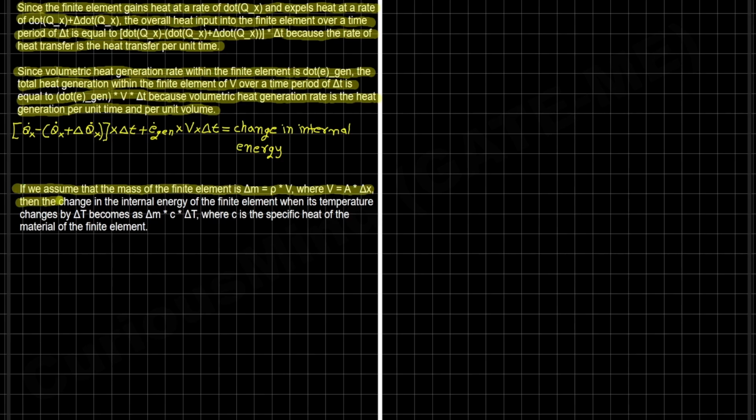Then the change in the internal energy of the finite element when its temperature changes by ΔT becomes Δm times c times ΔT, where c is the specific heat of the material of the finite element.